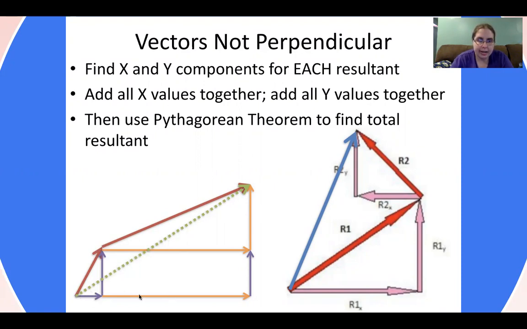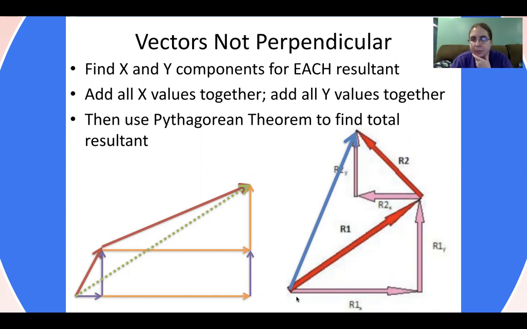So when I add the two x's together and add the two y's together, I now have a larger right triangle. And I can use that with this combined y and this combined x with the Pythagorean theorem to figure out what the resultant would be. And I can also then figure out the angle theta.